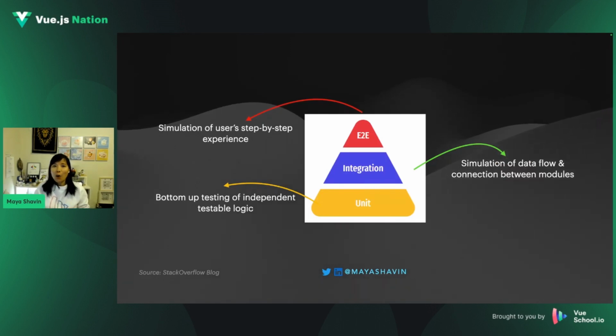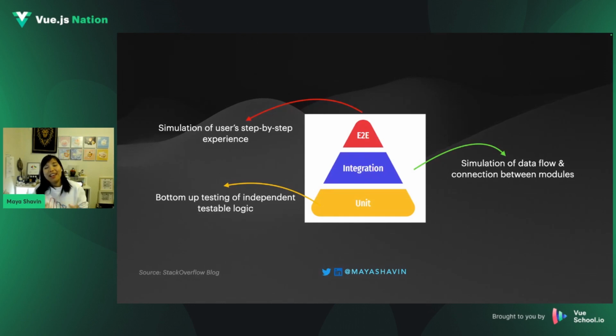Okay, so testing, we have the legendary pyramid of three different layers of testing, right? We have unit testing, which is the more isolated piece of code that you can test independently.